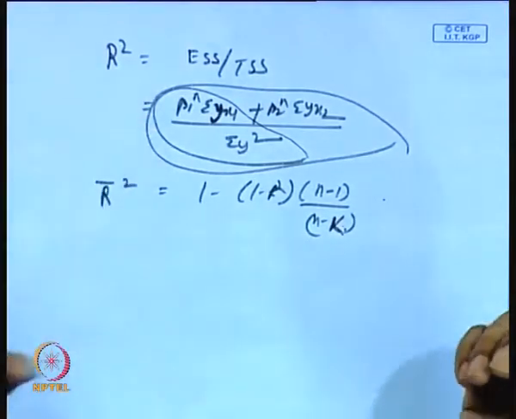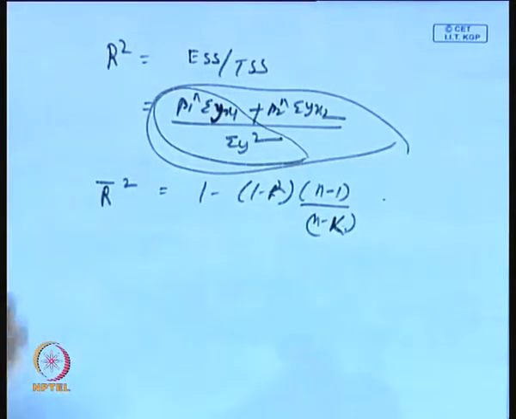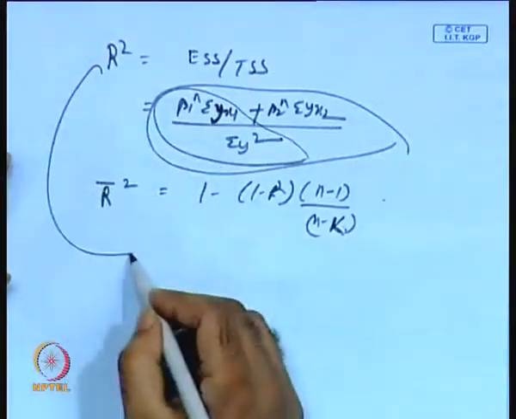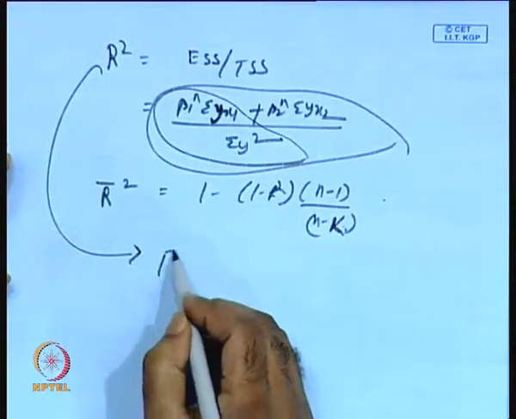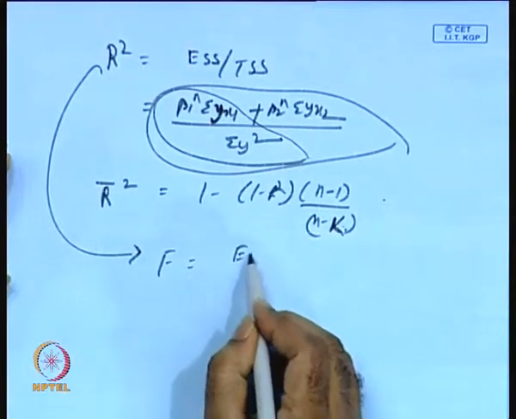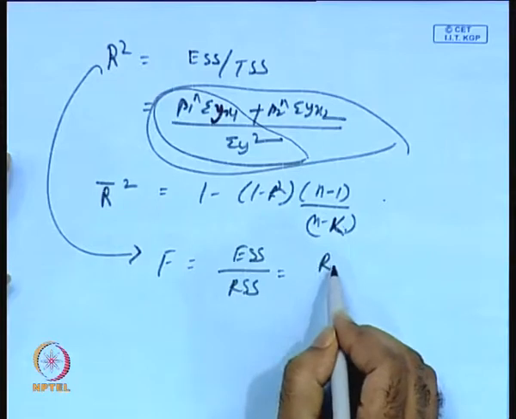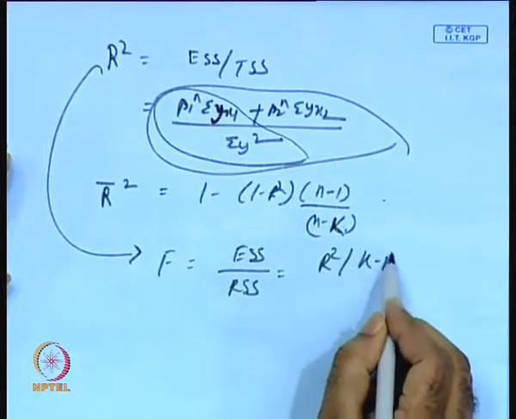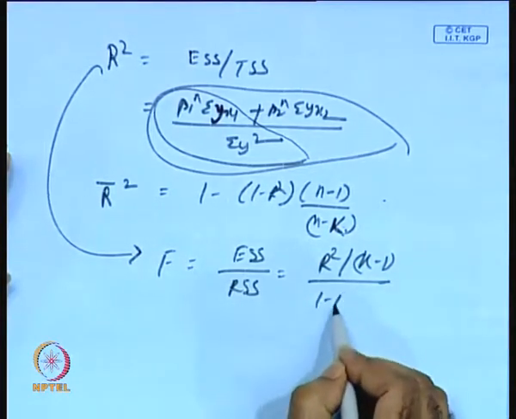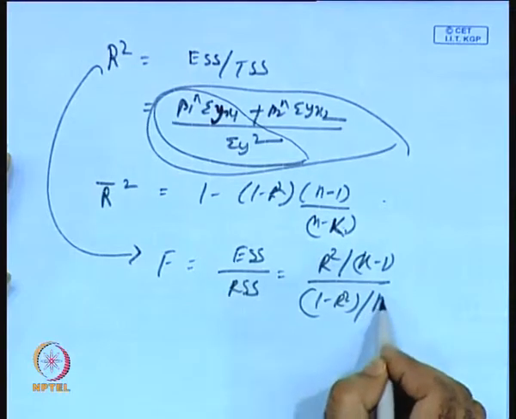Corresponding to R square, this is how we bring the overall percentage influence of the independent variables on the dependent variable. Now it has to be tested. How do we test it? Testing follows F statistics. F is the ratio between ESS and RSS, which is nothing but R square by (k minus 1) divided by (1 minus R square) by (n minus k).